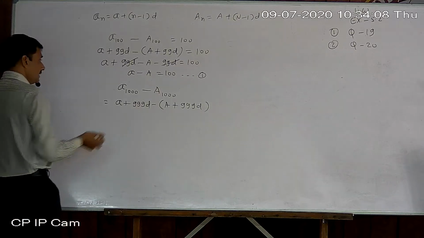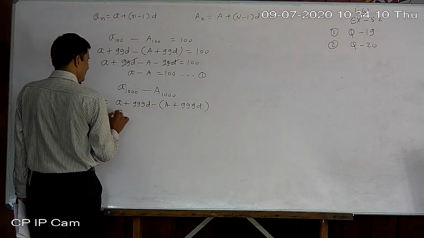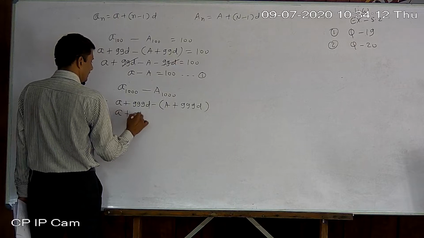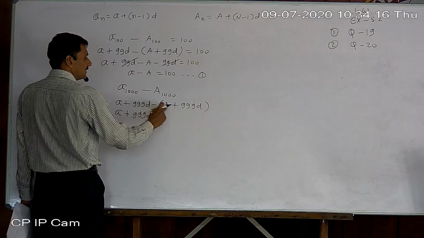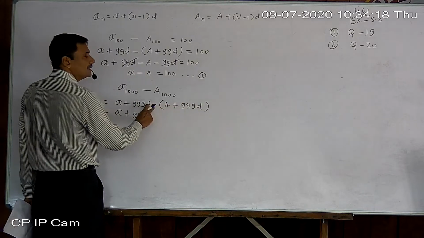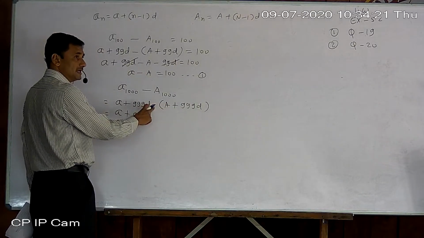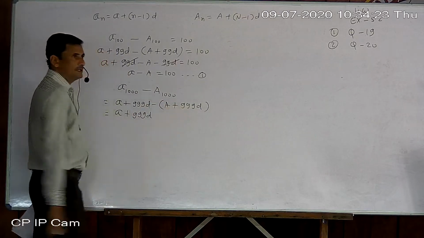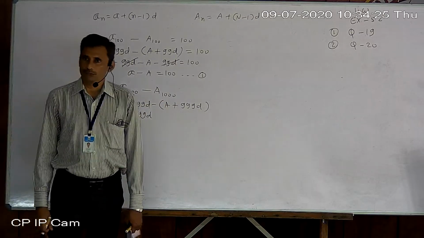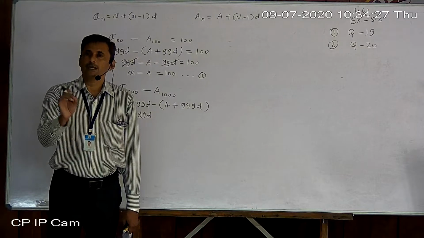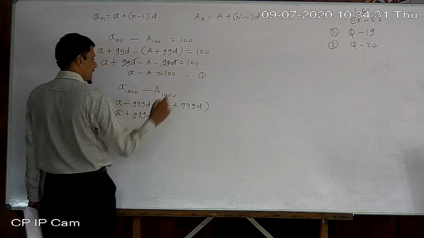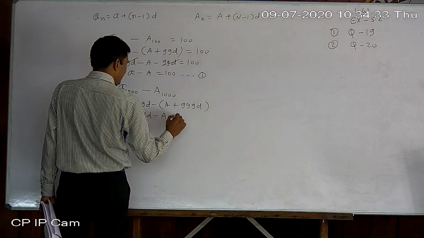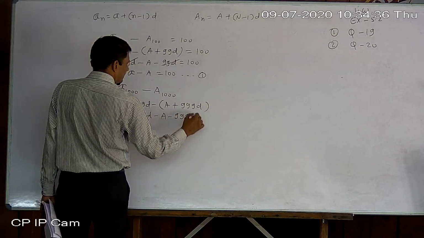Now again open that a plus 999d. Why did I make the bracket here, do you understand? If more than one term is there and a minus sign is before it, you always write the binomial or trinomial, however many terms, in brackets only. No need for brackets here. So minus A minus 999d.